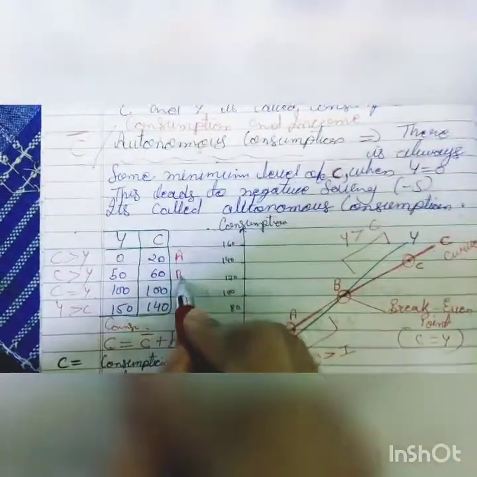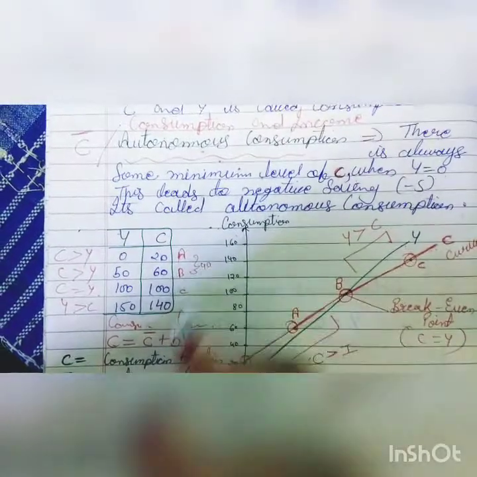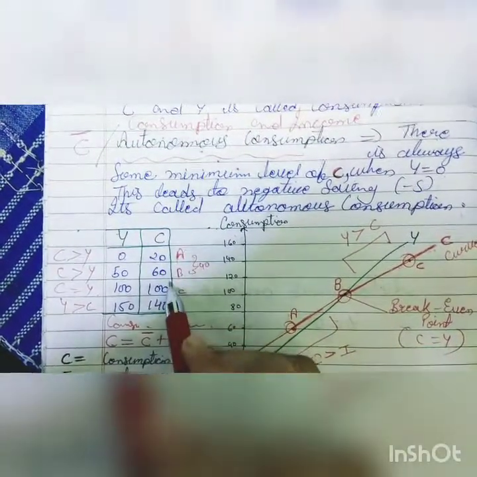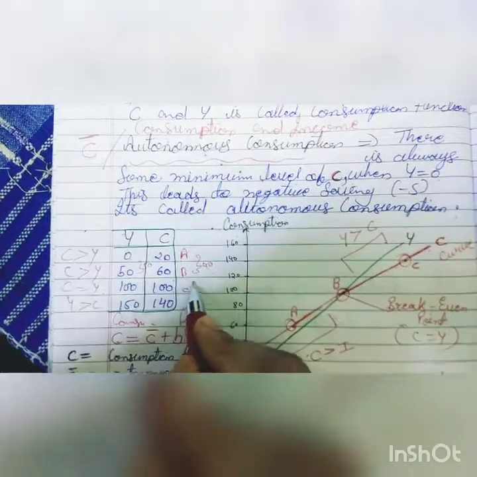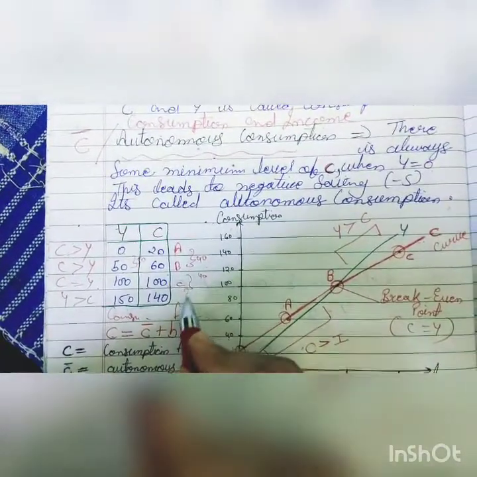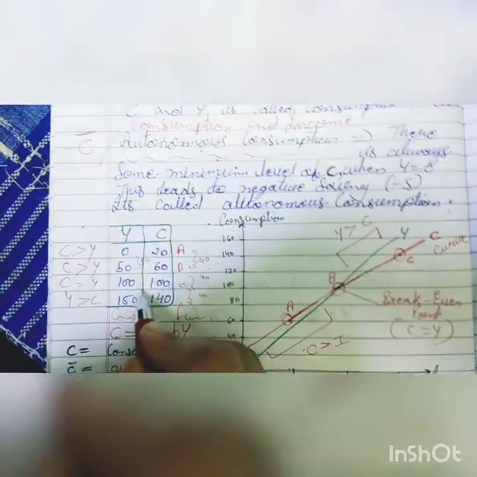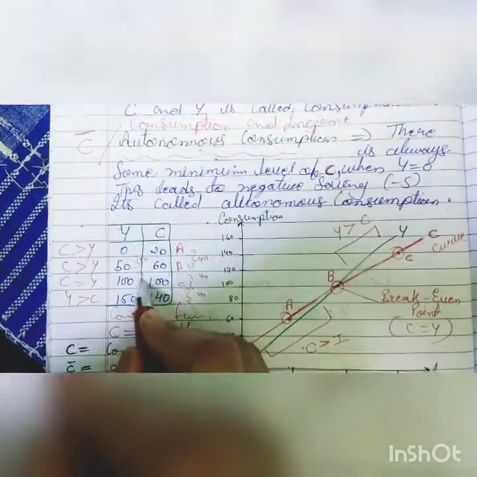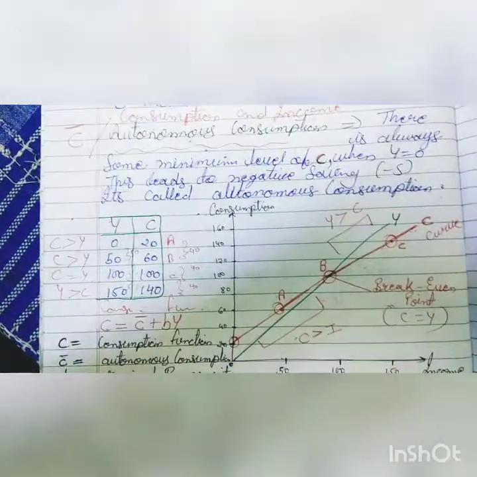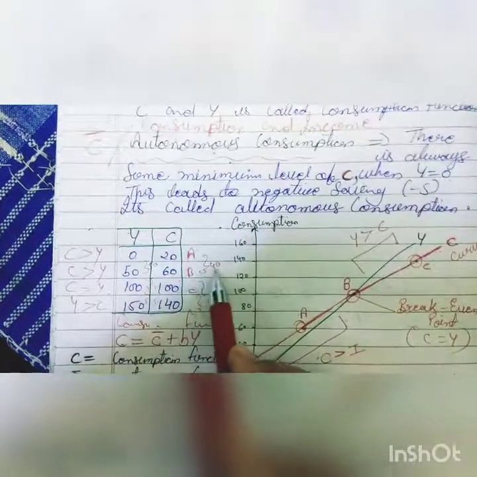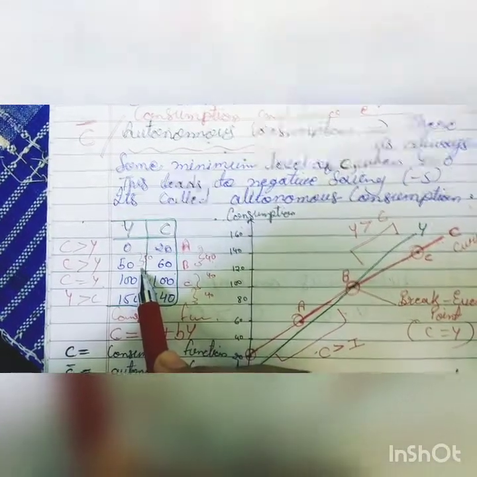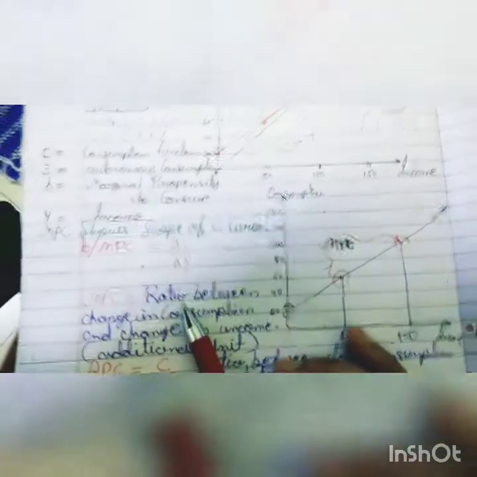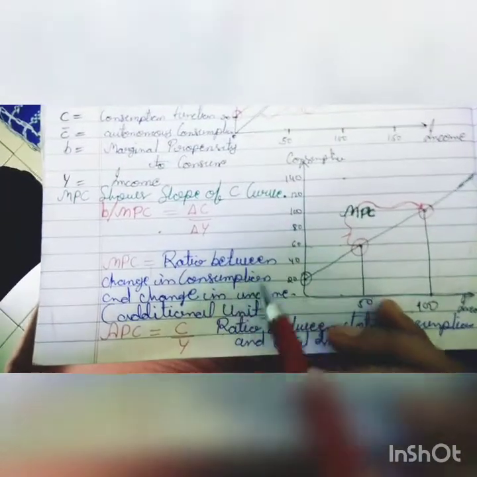From A to B the difference is 40, the additional unit of consumption is 40, and the additional unit of income is 50. At the next step, again 40 of consumption and 50 of income, the same rate of increase. So what is the relation between the additional consumption of 40 and the additional income of 50? MPC shows the ratio of these additional units.